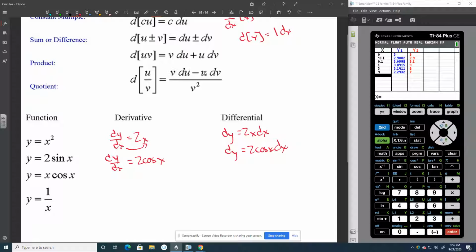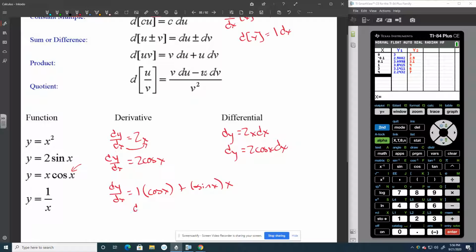Let's do one more. y equals x cosine x. We would say dy dx equals, we have to use the product rule here. So we would say the derivative of x is 1 multiplied by cosine of x, plus the derivative of cosine x, which is negative sine of x, times the original x. And when I write this, negative sine x multiplied by x, I usually put the negative in front.